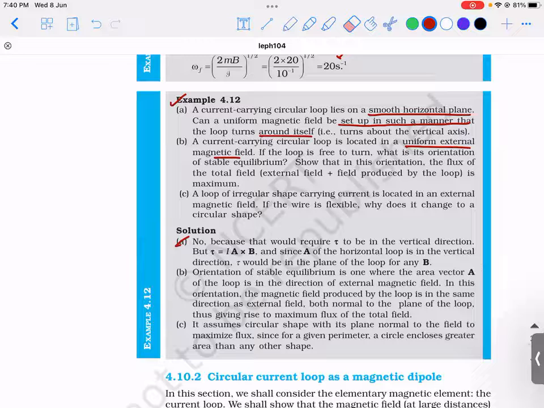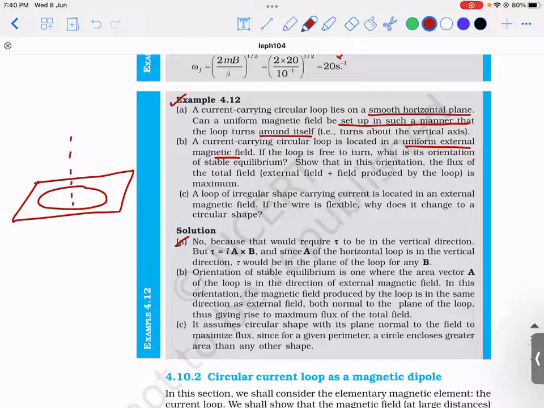So this one, read the question carefully. There is a circular current carrying loop lying on a smooth horizontal plane. So there is a plane like this on which a circular coil is placed. Can a uniform magnetic field be set up in such a manner that the loop turns around itself?